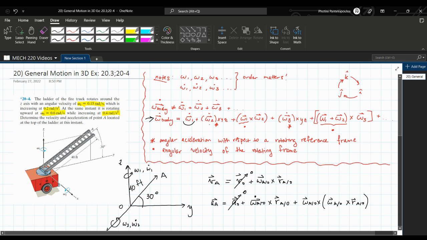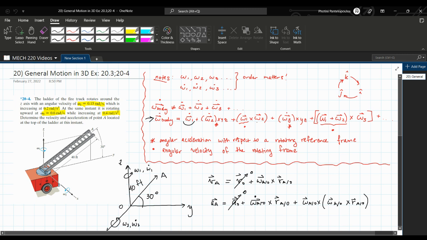That's because omega 2 dot and omega 3 dot are rotating within a rotating reference frame, which is omega 1. So what we do to compensate for that is add this extra term here, omega 1 cross omega 2, and omega 1 plus omega 2 cross omega 3. Now, what this represents is the rotating reference frame.